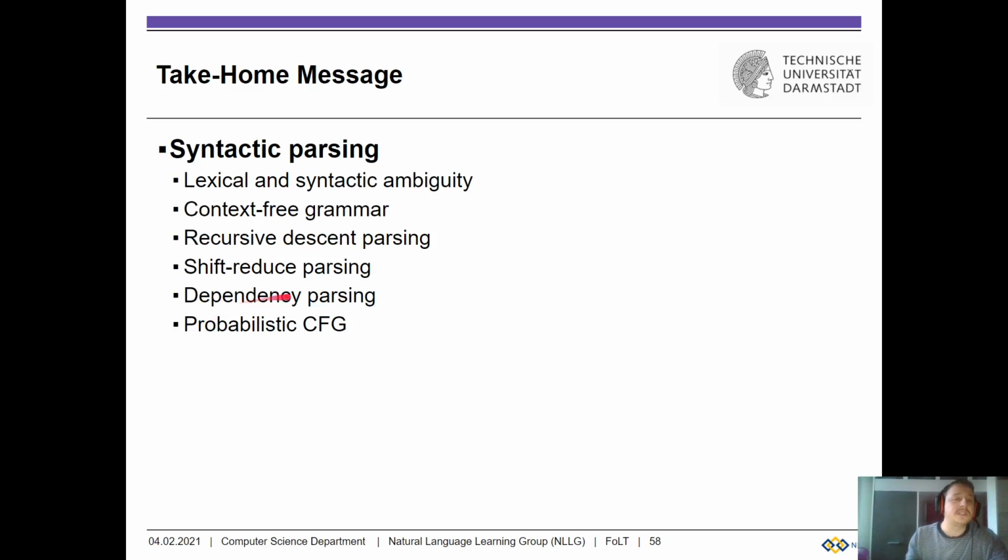We have seen dependency parsing, where we only have relationships between words rather than those non-terminal symbols and production rules. And finally, we have seen how to tame the flood of very many different analyses for each sentence by introduction of probabilistic parsers.